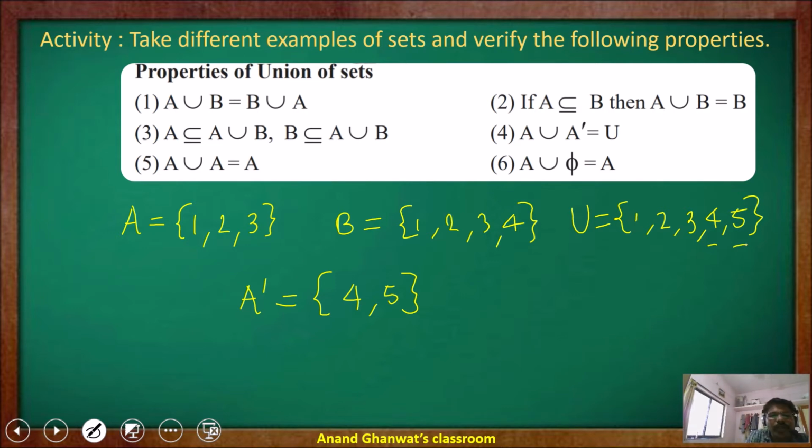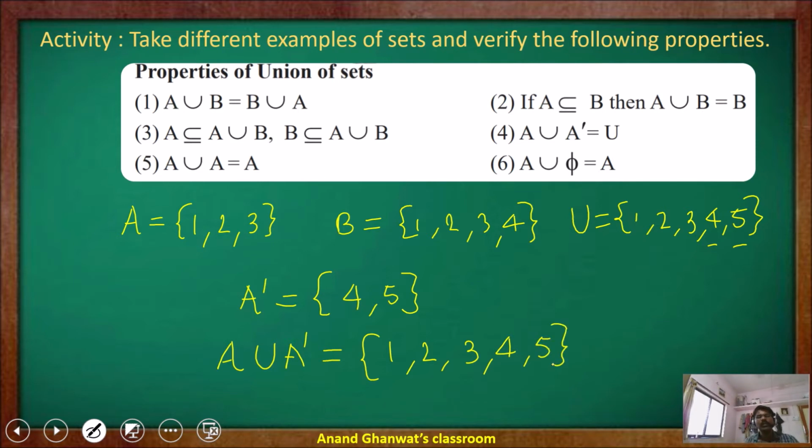Now let us find A union A transpose. So 1, 2, 3, 4 and 5. Now compare these two: A union A transpose and universal set.